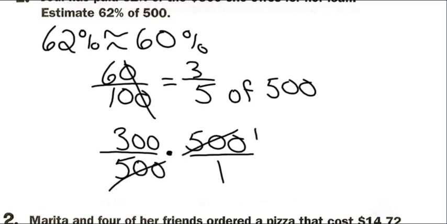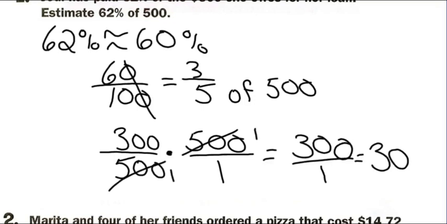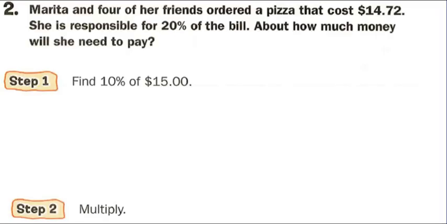We can reduce this to 1 and 1, and then multiply and get 300 over 1, which is 300. So there's one method you can use. Let's look at using that 10% method that I had mentioned above. This is actually my favorite method, and I think this is one you'll like as well. So it says Marita and four of her friends ordered a pizza that cost $14.72.